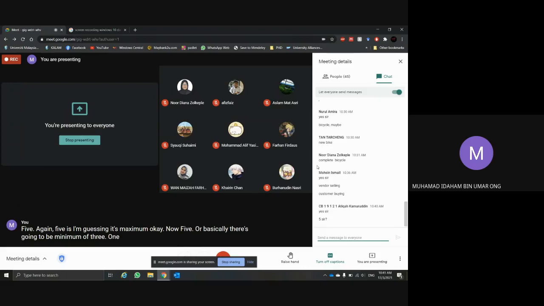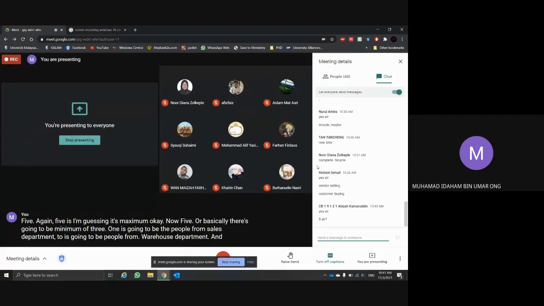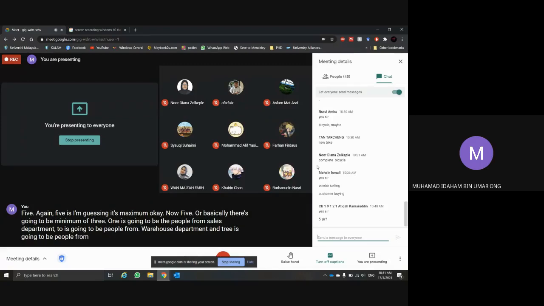One is going to be the people from sales department. 2 is going to be people from warehouse department, and 3 is going to be people from finance department. Depends currently, but minimum usually is 3, because there are going to be people who are handling the customer order, that is the sales. There is someone who's going to be taking the item out of the company storage, that is the people from inventory, and also there is going to be people who's going to be handling the monetary transaction of that certain sale.